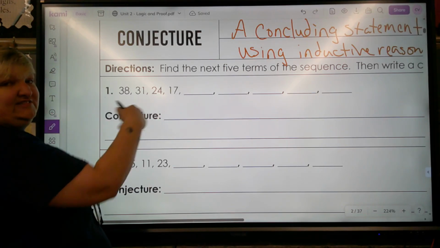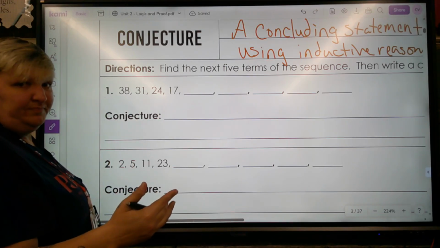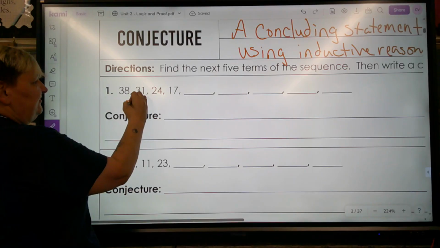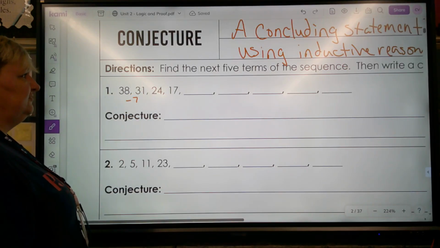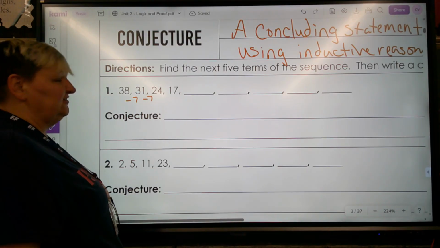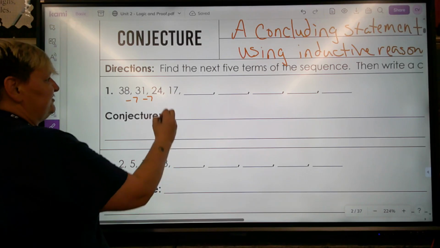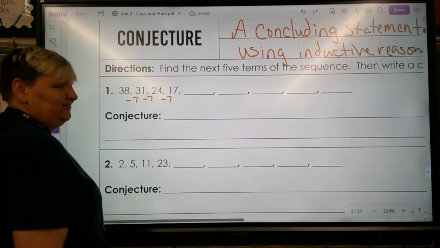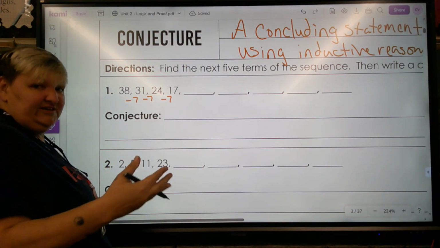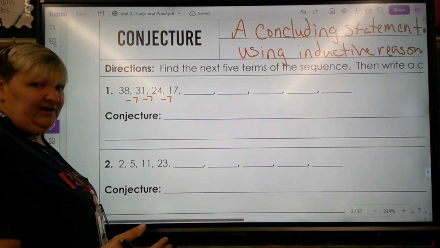We're obviously going down, but by how much? From 38 to 31, we went down 7. From 31 to 24, we went down 7. From 24 to 17, we went down 7.